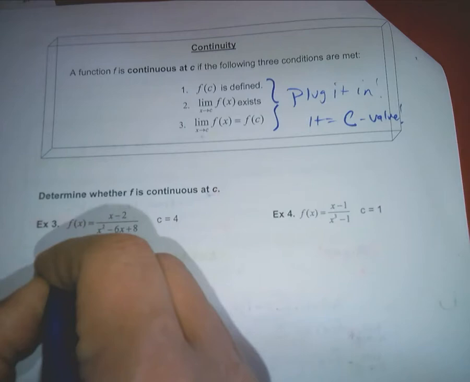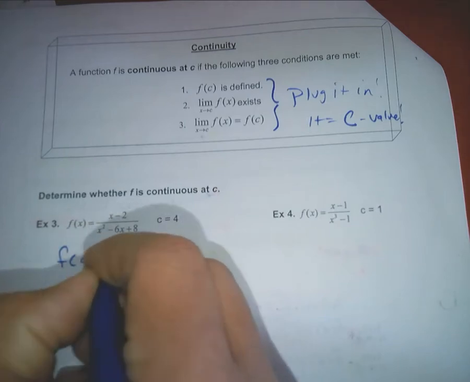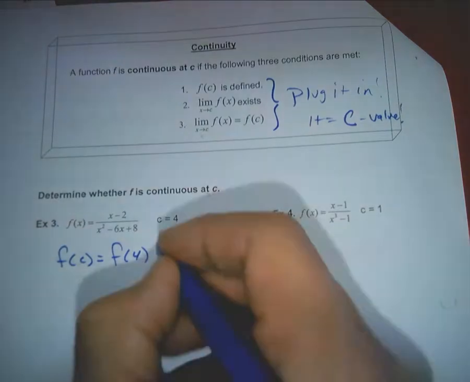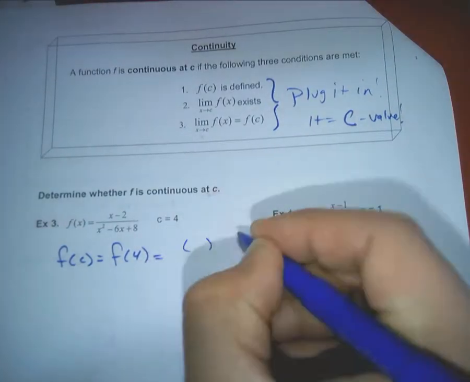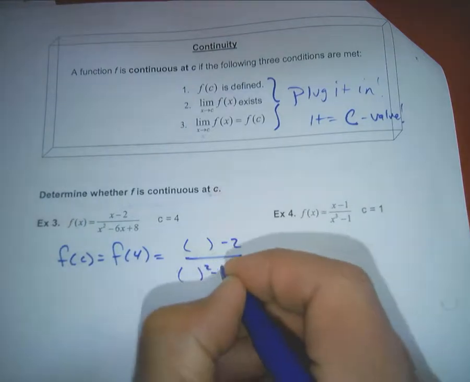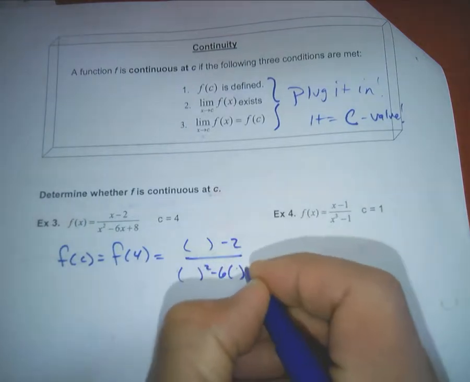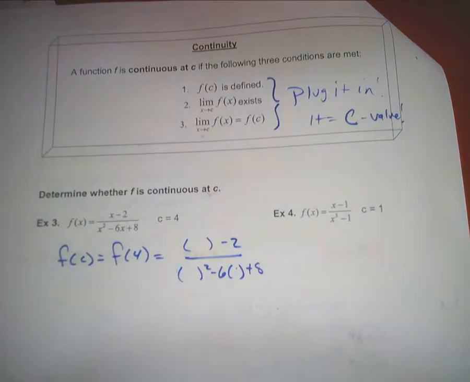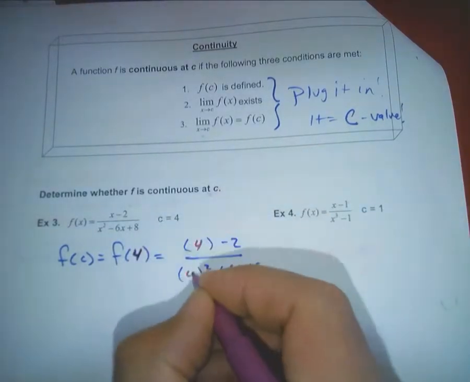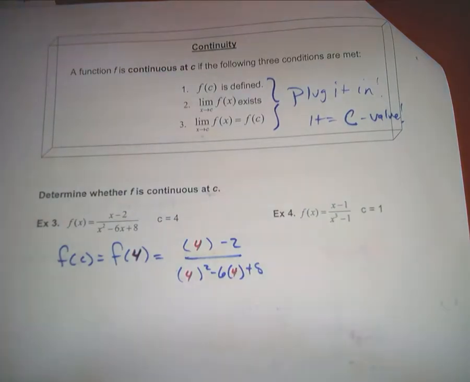We want to see what f of c is. We want to find f of, in this case, 4. So anywhere that you guys see an x, I'm going to plug in this 4 value, and then I'm going to simplify.